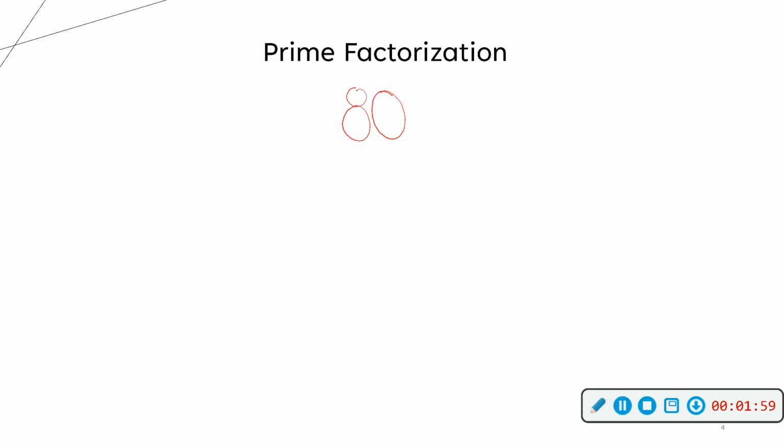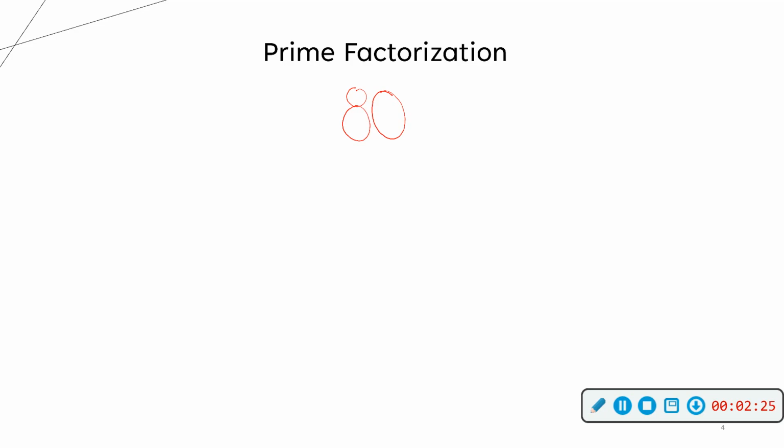The first thing we're going to do is think of two numbers that we can multiply to get 80. Remember when we're doing this that we don't want to use 1. 1 is not a prime nor a composite. So we only want to focus on either a prime number or composite. And again, at the end we should have nothing but prime numbers. So you're not done until you see nothing but prime numbers that are going to get us to equal 80.